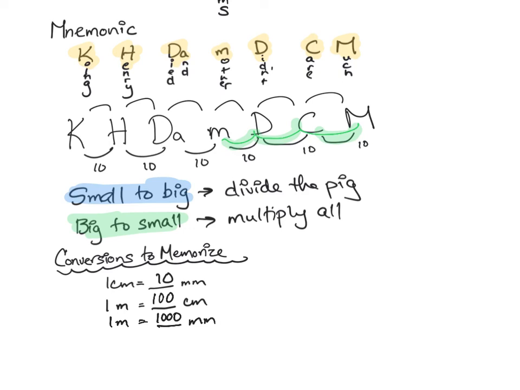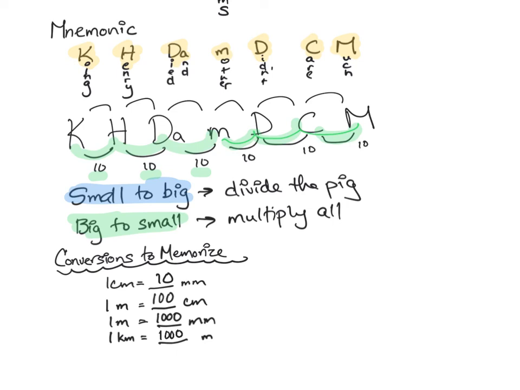And finally, 1 kilometer equals how many meters? 1 kilometer. 1, 2, 3 hops. So 10, 100, 1,000. So you have 1,000 meters in a kilometer.